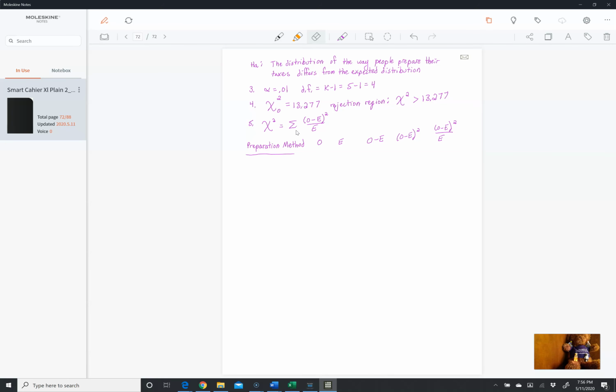So let's calculate. So we have by accountant, by hand, by computer. I'm just going to put by friend. And I'm just going to put by service.